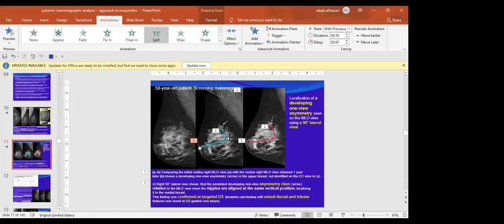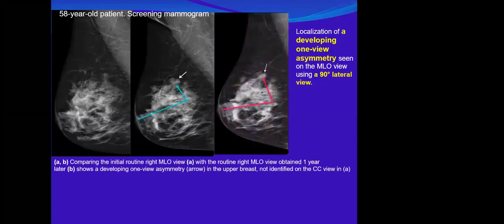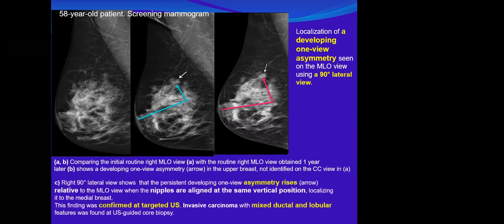So it is medial in the CC. We make the nipple at the same vertical plane, and it is at a higher level, so it is expected to be in the medial breast. See? This was confirmed by targeted ultrasound to be in the medial breast, and it was mixed ductal and lobular carcinoma, invasive ductal carcinoma.